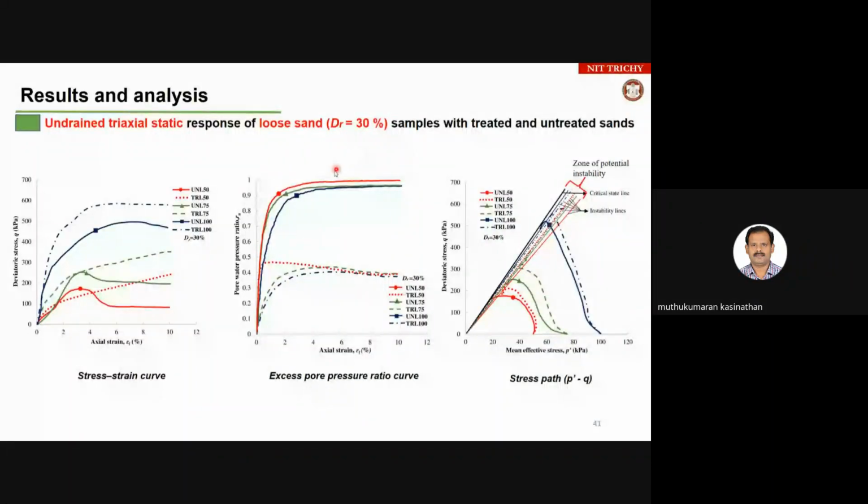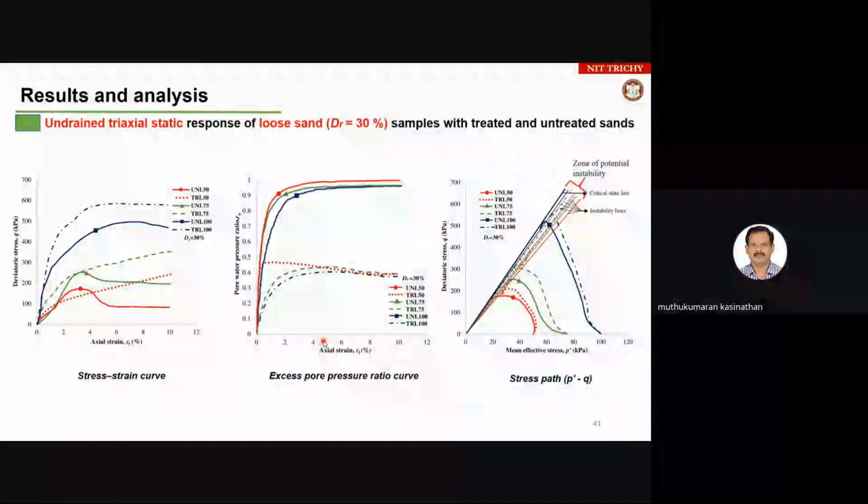So look at the stress curve here, what you are seeing, and treated soils are behaving better than untreated soil. That's the first observation. And when the confining stress is increased, obviously the failure stress is also going to increase. It's a very common observation with respect to soil response under undrained condition. But the second plot is very important for us.